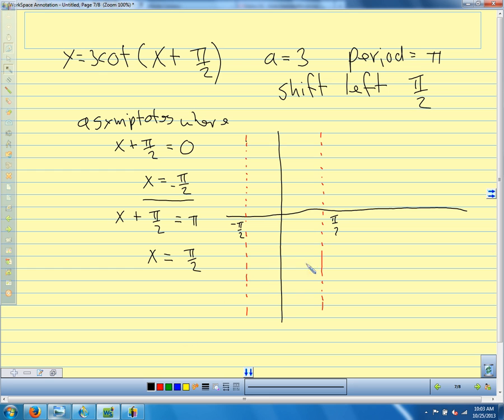And if I wanted to graph my asymptote for the next period over, my period is pi, so I go pi units from this asymptote. So pi over 2 plus pi is, where is this asymptote going to be? 3 pi over 2.